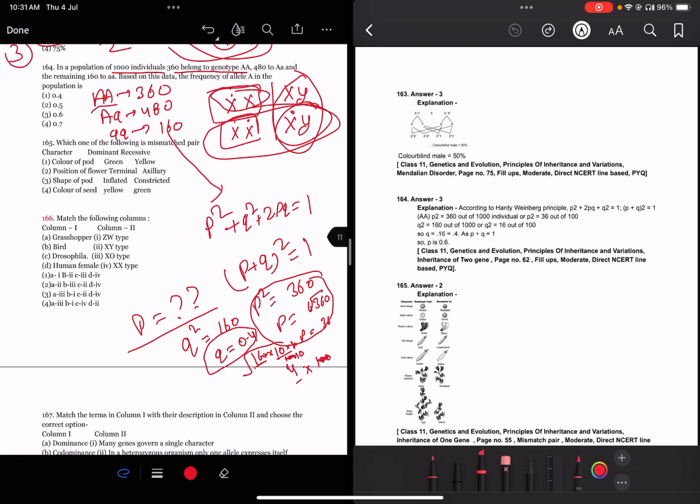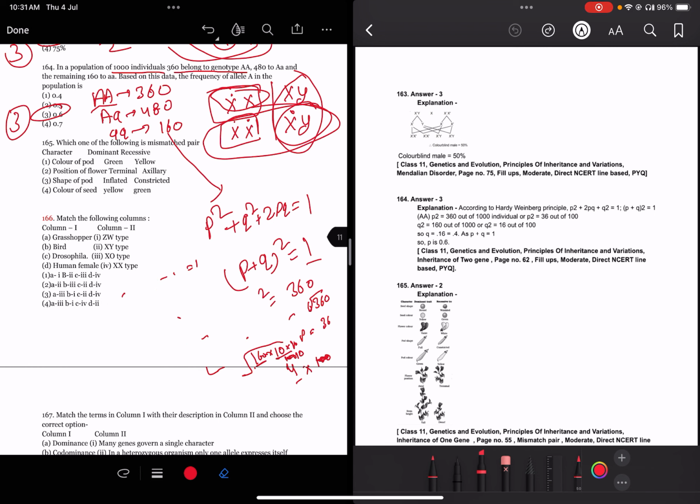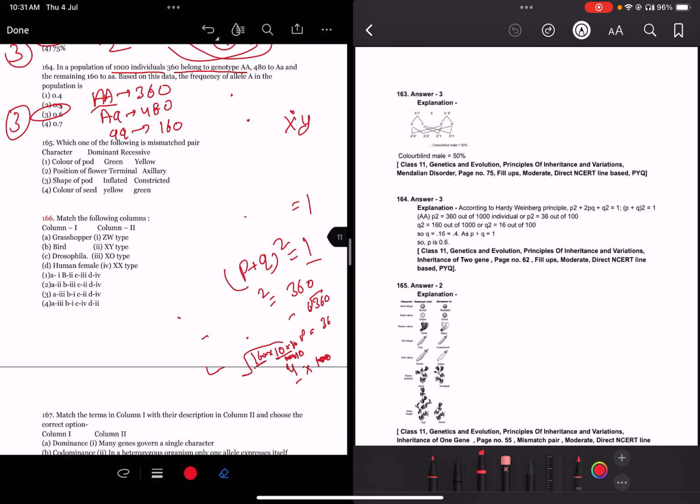Now p plus q is equal to 1, so p plus 0.4 is equal to 1, and p is equal to 0.6. So the answer is 0.6. Understand this carefully.